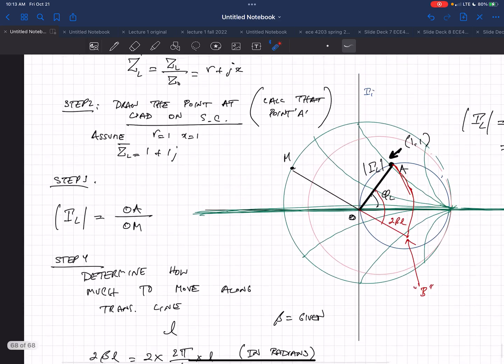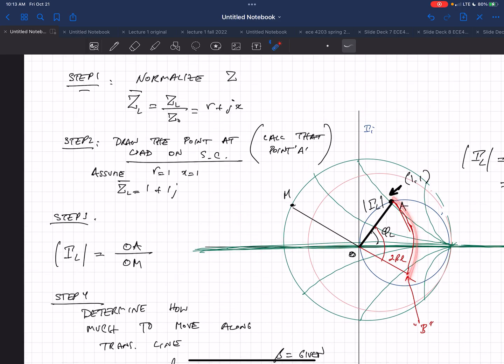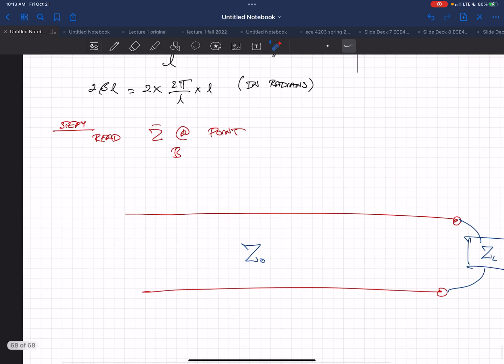What I would do is draw this arc and figure out where it crosses this axis. This is an axis where I have a purely real impedance. So at whatever beta L I get to this line, that's going to look like a purely resistive load.